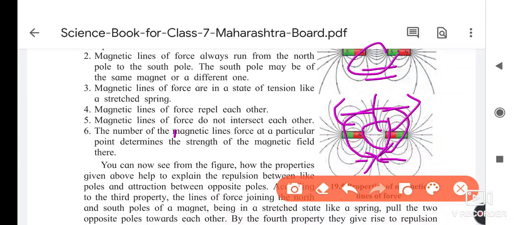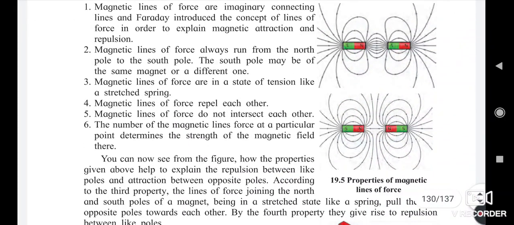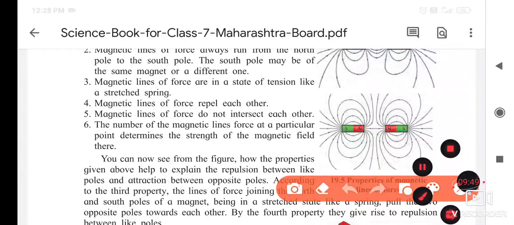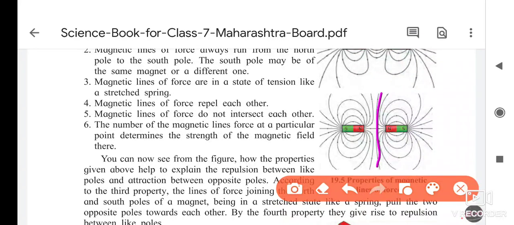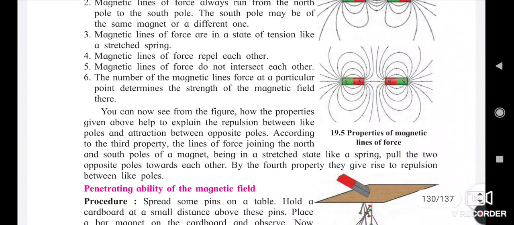Okay, they repel from each other. This is how the properties given above help to explain the repulsion between like poles and attraction between opposite poles.